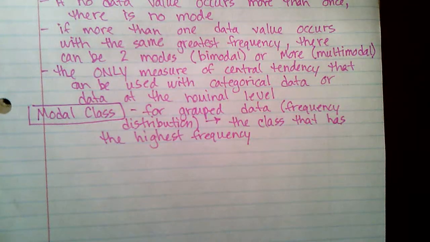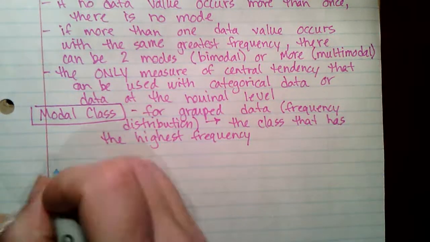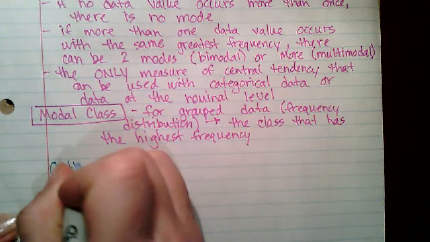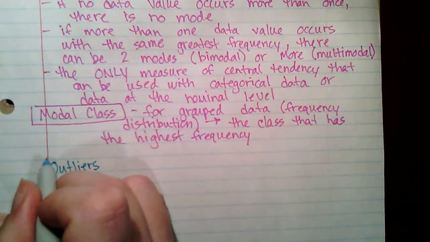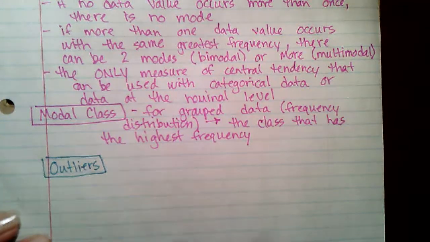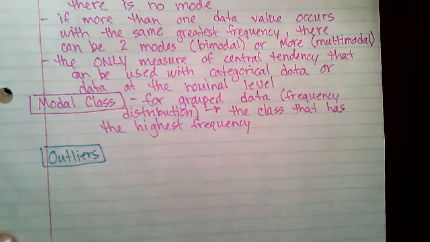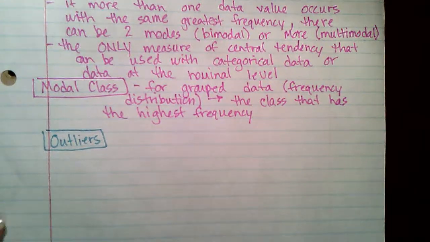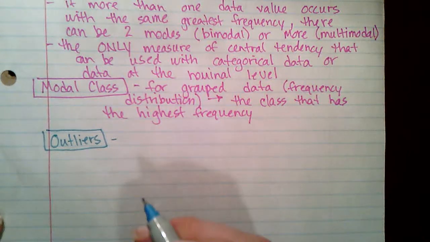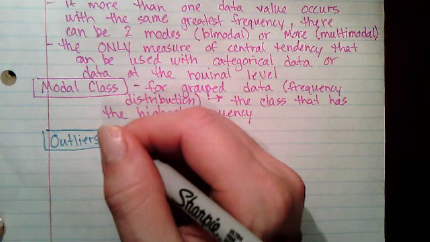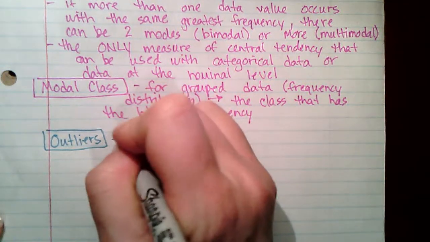Okay, let's talk about one other vocabulary word before we move on to an example, and that is going to be an outlier. Now, we will have a more technical definition of outliers later on when we get to work with standard deviation, but for now, just know that outliers are extremely high or extremely low data values.